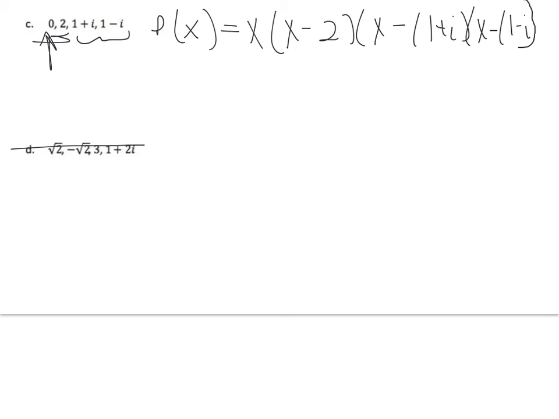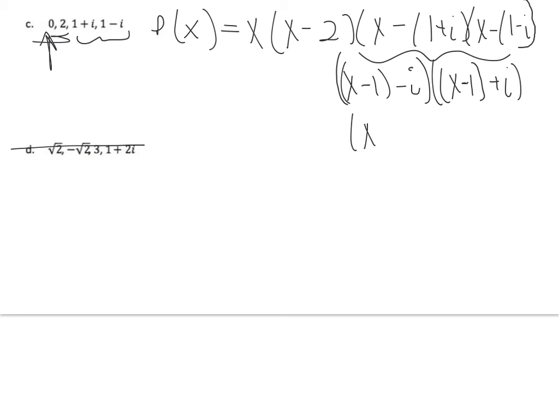All right, if you remember in our opening exercises, we could regroup these to make them a lot easier to work with. So I get x minus 1, that'd be minus i, and then x minus 1, let's see, that'd be plus i.